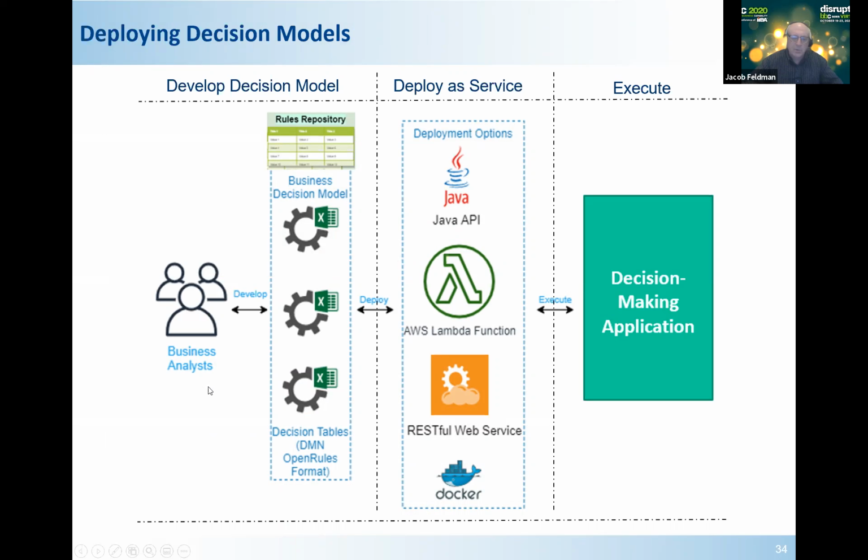Business analysts develop their business decision models using mainly Excel and test them. And when they feel comfortable, they click the deploy button. And this button allows you to deploy as a regular Java program, or you can use AWS Lambda, or you can use any RESTful services.